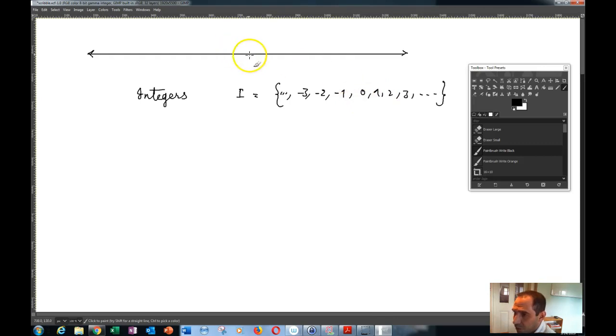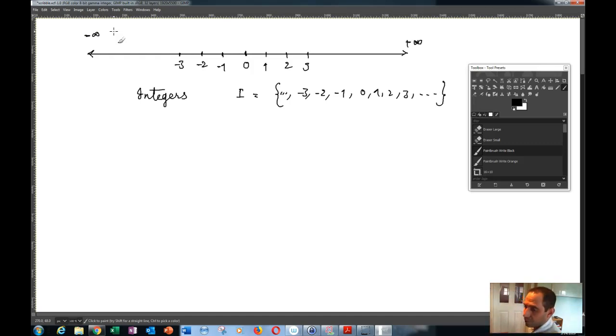You find some point over here, 0, and then this is the positive direction, this is the negative direction, so 1, 2, and 3. This is -1, -2, and -3, and then you go all the way up to positive infinity and negative infinity over here. This is positive infinity, this is negative infinity.